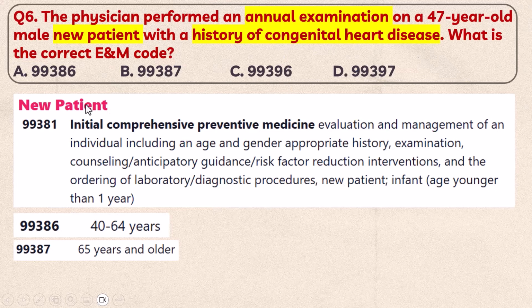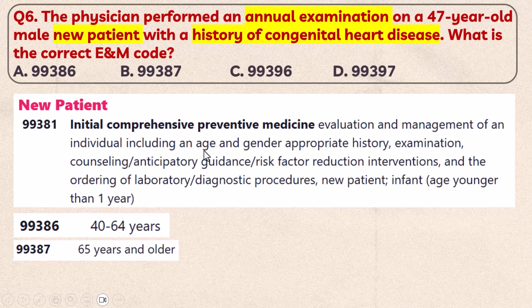So once you go to the code, 99381 for a new patient code, initial comprehensive preventive medicine evaluation and management of an individual, including an age and gender appropriate history, examination, counseling, anticipatory guidance or risk factor reduction interventions, and the ordering of laboratory or diagnostic procedures, new patient and infant age under 1.